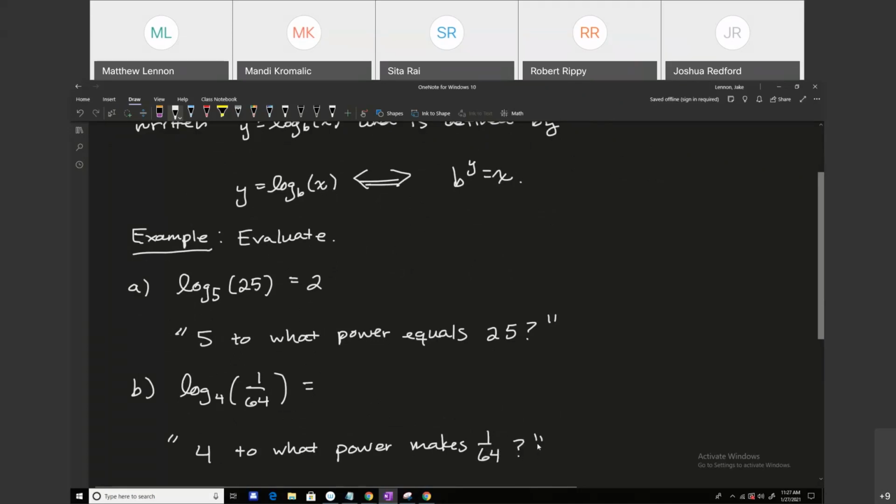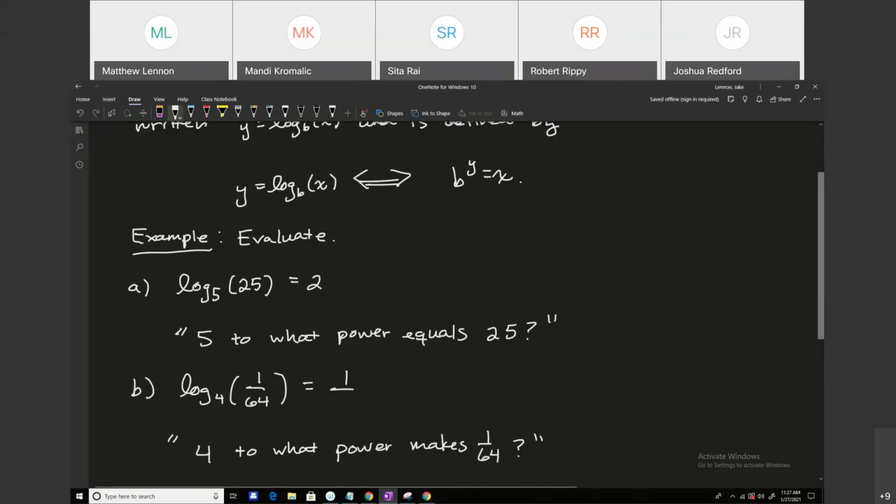Now, we know the reciprocal powers come from negative exponents, right? 4 to the negative first would be 1 over 4. 4 to the negative second would be 1 over 16. And then 4 to the negative third would be 1 over 64.